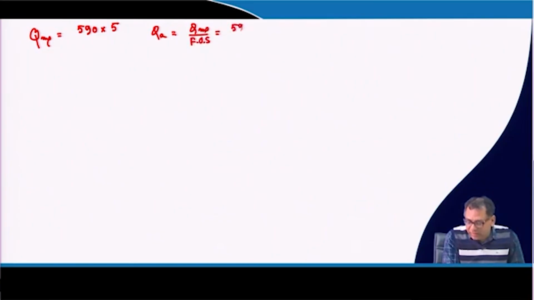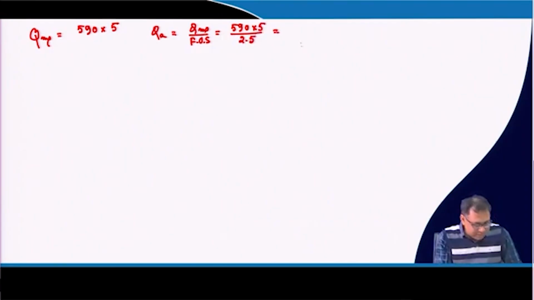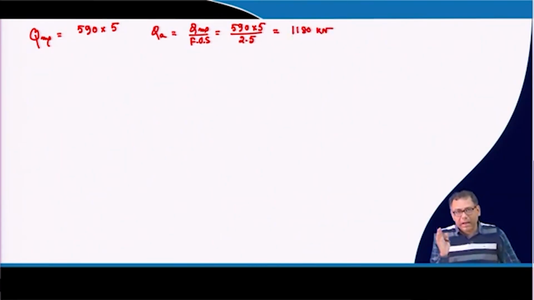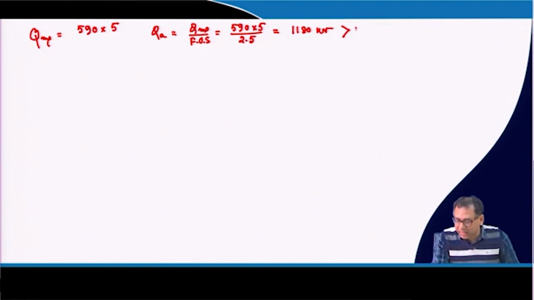So, this is 590 into 5 divided by 2.5. So, Q allowable is 1180. That means we can allow a horizontal force of 1180, but we have applied 100 kilonewton.